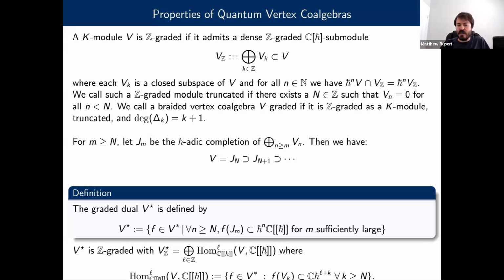These h-adic completions give you a descending filtration on your space V. Then the graded dual we define as the operators f in the K-linear dual such that for any n, f of J_m is a scalar multiple of h bar to the n for m sufficiently large. This is easier to understand if you think about just the graded components. This is Z-graded, and a map in this space is degree L if it sends something of degree k to a scalar multiple of h bar to the L plus k.